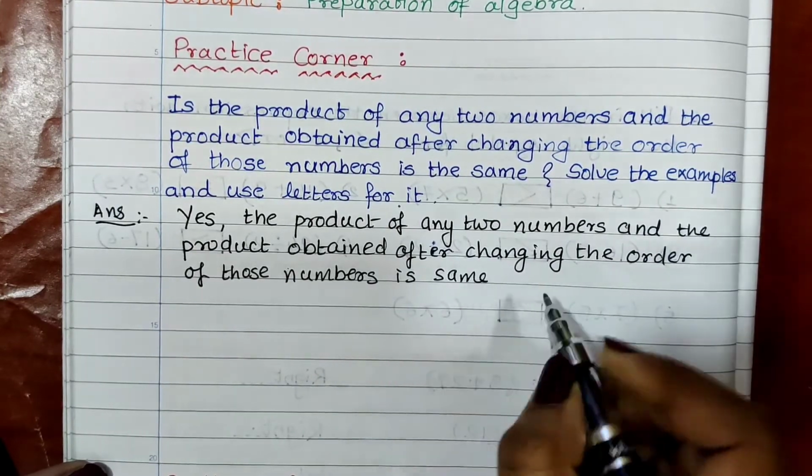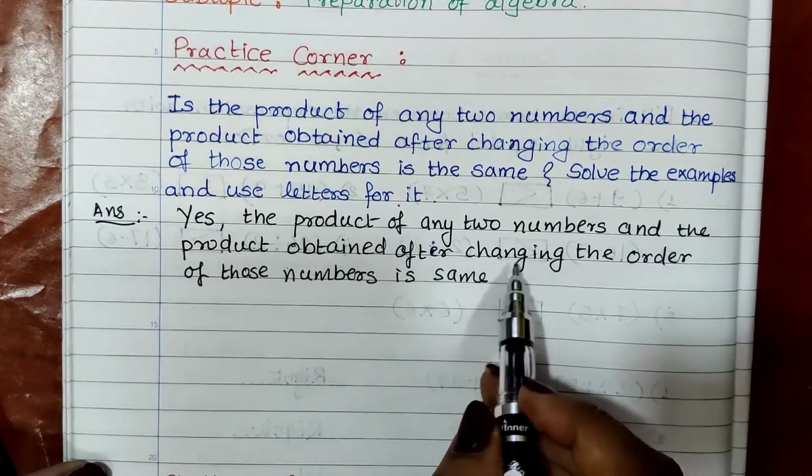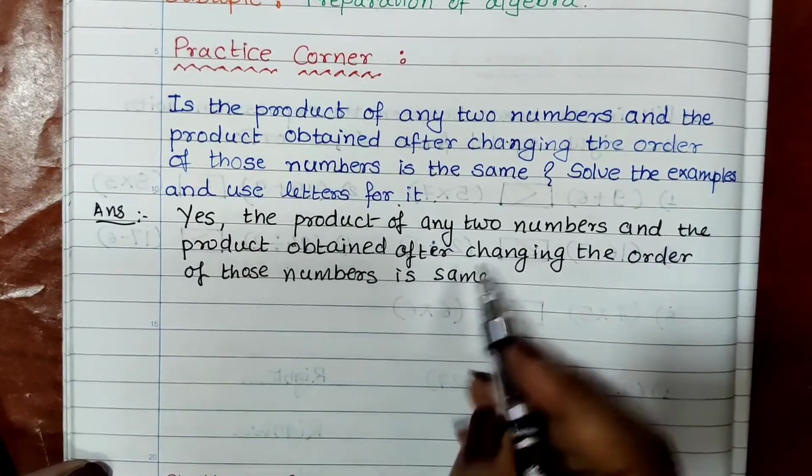So product of any two numbers and product obtained after changing the order of those numbers is same.